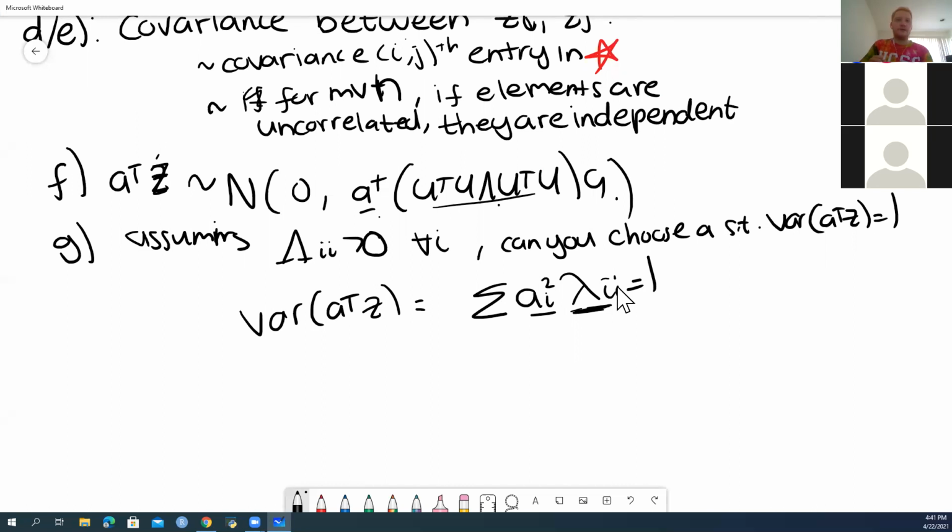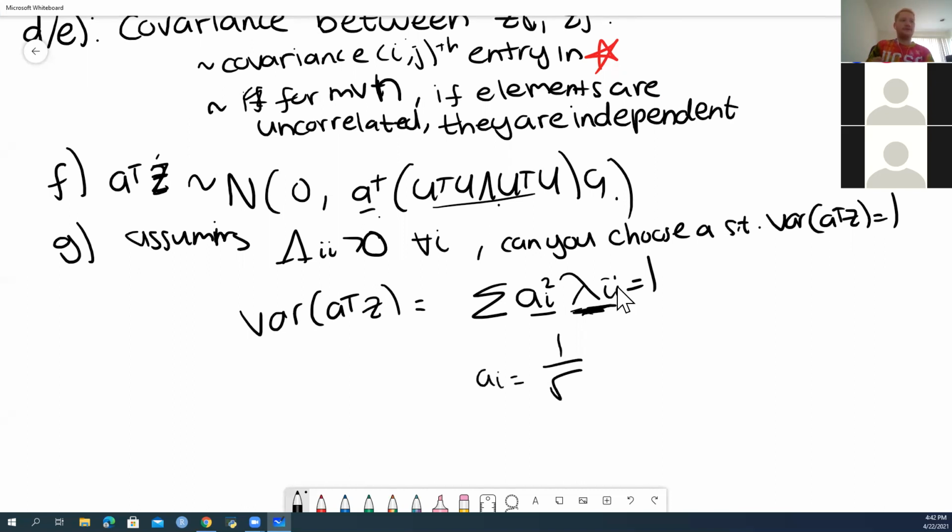You also can make some of them equal 0 if you want. There are a lot of ways to do this. You can use the fact that there are n of them. For example, you could set all of them besides one equal to 0 and cancel out that one, or you could set them all to cancel out the lambdas.